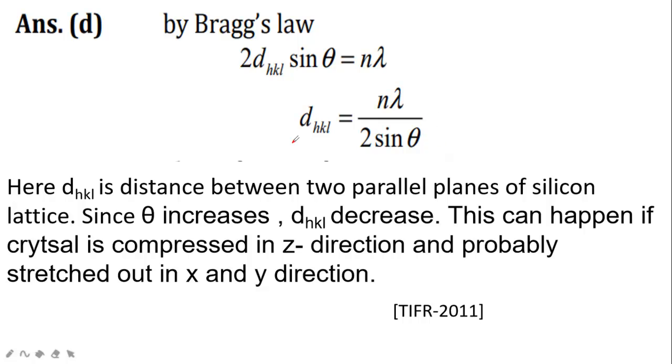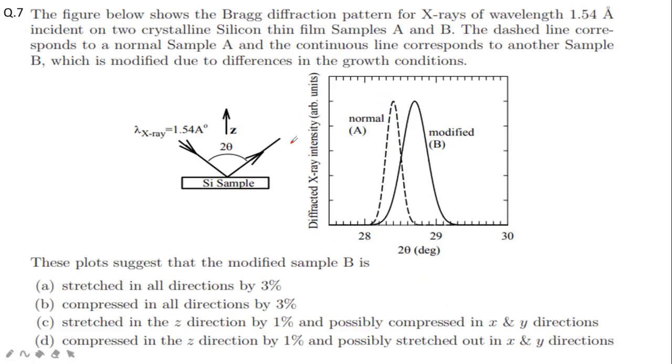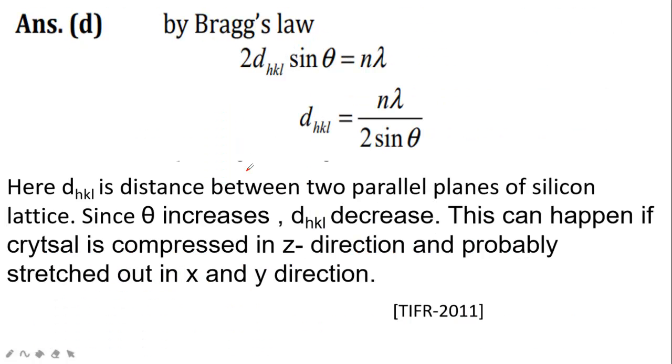So if we want to compress in the z direction, what is the z direction? This is given in this question. See here, this is your z direction. If you are compressing this sample in this direction, putting some pressure, you are compressing in the z direction, then theta is decreasing and d is increasing.